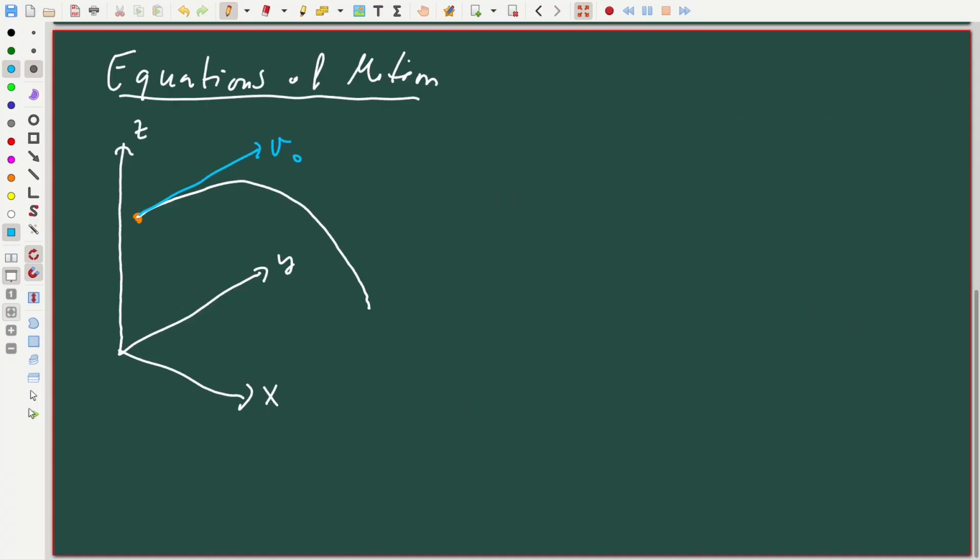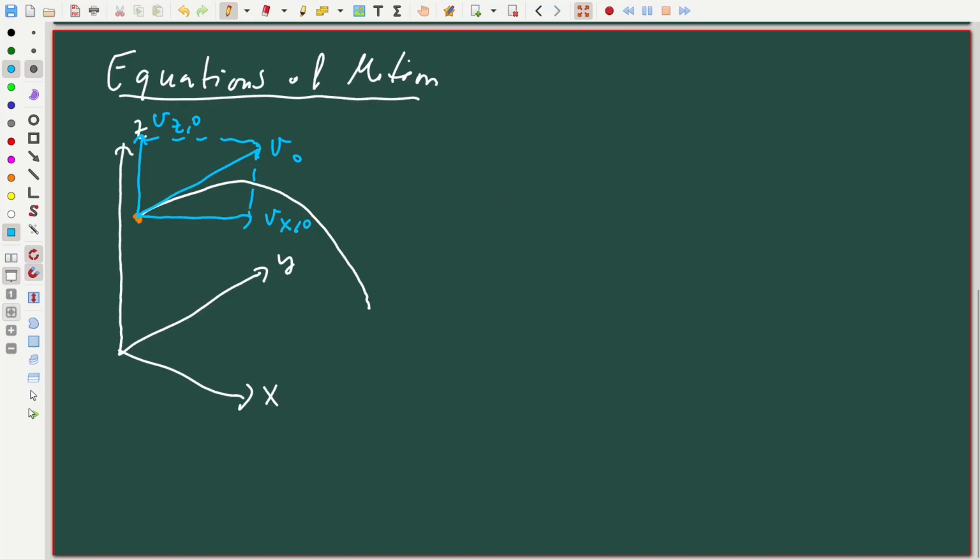So one, for example, is v0, the initial speed, as the absolute value, or the initial velocity in this case, when you take it as a vector. And then we also have an initial speed in x direction, vx0, and we have an initial speed in z direction, which we call vz0.